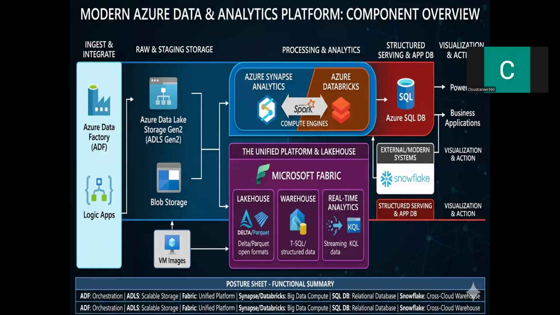What are the jobs and career opportunities in data engineering? Some of the common job roles in this field include data engineer, cloud data engineer, big data engineer, analytics engineer, data platform engineer, and fabric engineer. So all this comes under data engineering. Data engineering is currently one of the most in-demand careers in the technology industry.